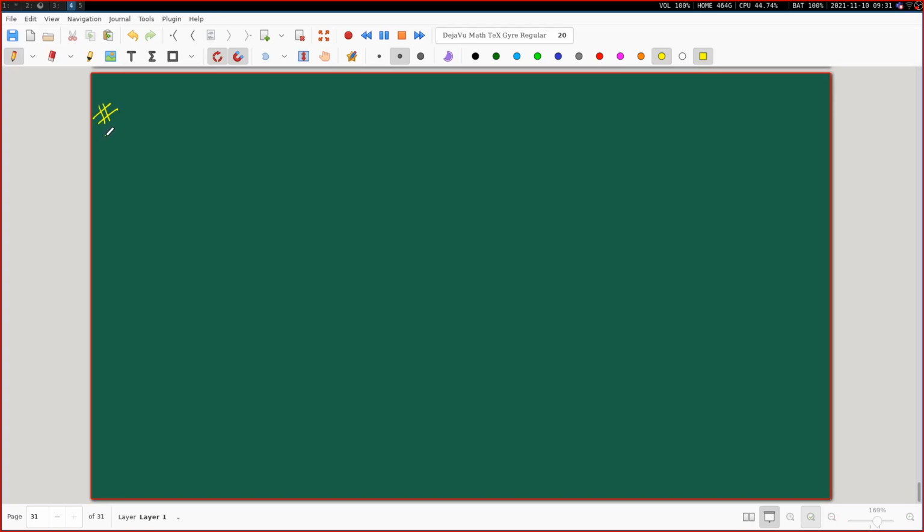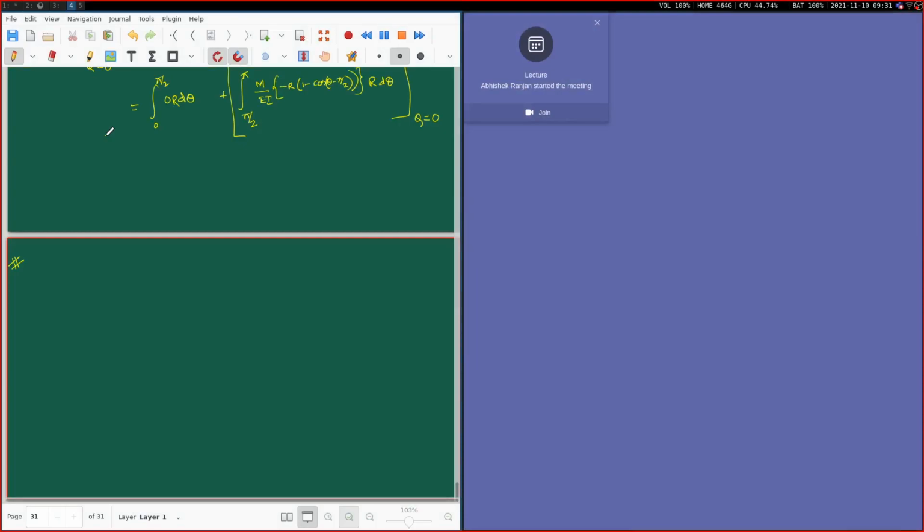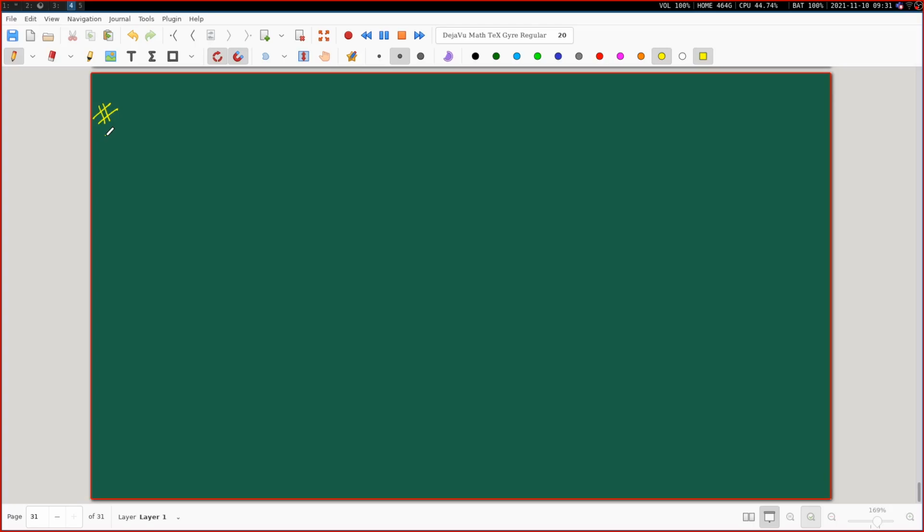When we were doing the combined loading, we considered the contributions from various kinds of loadings: moment combined with axial force combined with torsion and everything.